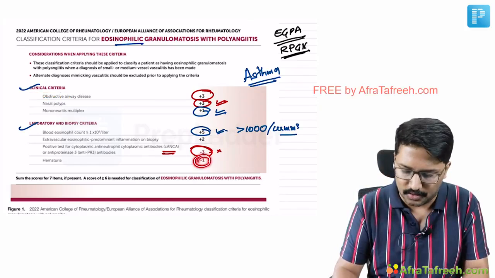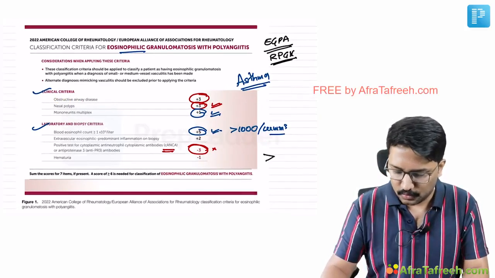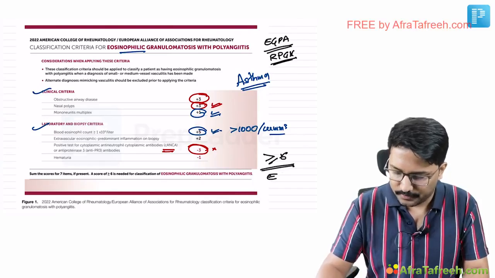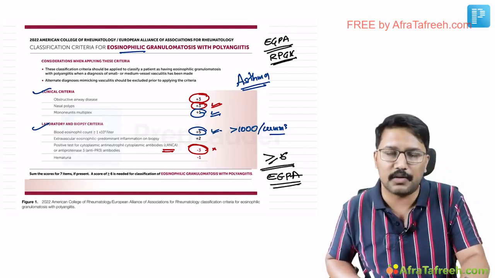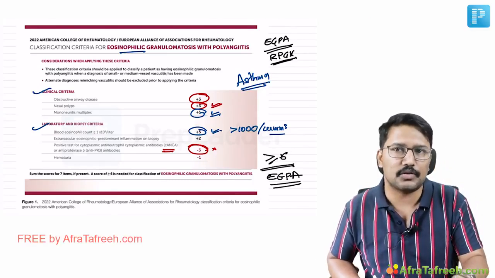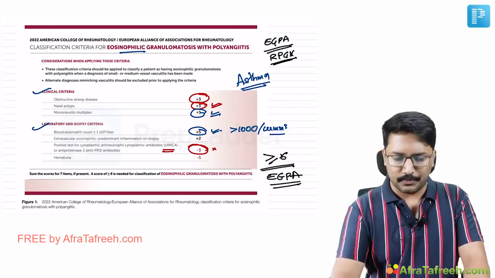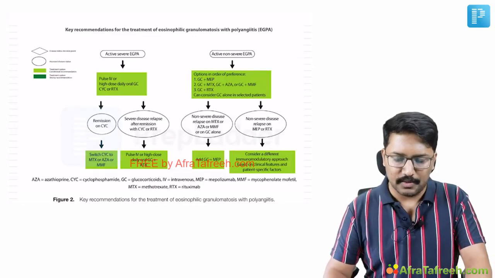On this scoring system, a score of 6 or more is suggestive of EGPA. We were talking about 5 when we spoke about GPA, and 5 when we spoke about MPA. Here we are talking about a score of 6 or more to classify the case as EGPA. Now, having understood this classification criteria, let us talk about the management.